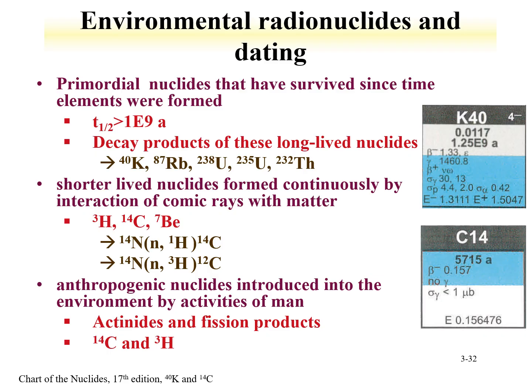Now, there are also shorter-lived radionuclides that are formed from continuous reactions of cosmic rays with matter. For instance, tritium, carbon-14, beryllium-7. Here's the data from the chart of the nuclides for carbon-14. Its half-life is 5,000 years. Obviously, any carbon-14 that was originally deposited on Earth during the formation 1 billion years ago is long since decayed.